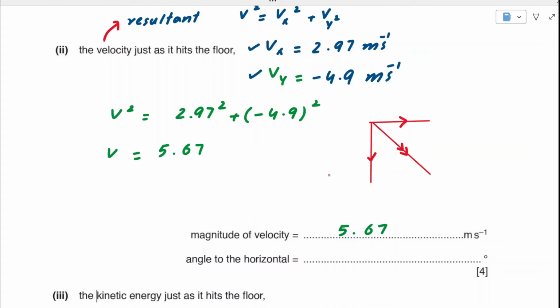So vertical one was 4.9, the horizontal one was 2.97. I'm writing the magnitudes only, that's why I'm not writing the negative sign. And the resultant one was 5.97. Now the next part, you need to find the angle to the horizontal.